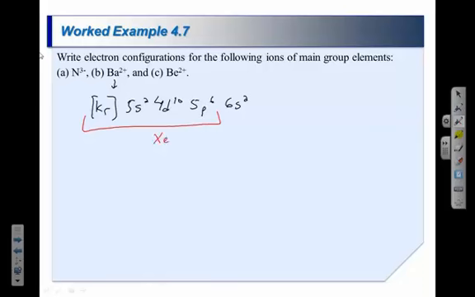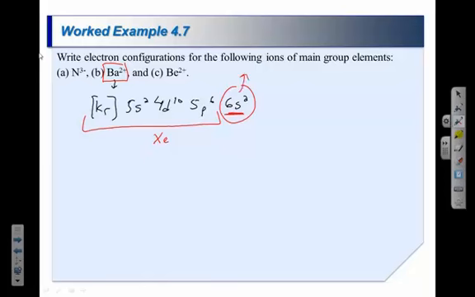And so the nearest noble gas to barium is xenon. And so really what it needs to do is lose these two electrons. And I already know that. I don't really even need to know that barium is +2 is what I'm working toward. If I just tell you, make an ion from barium, and I don't even tell you whether it's going to be a positive ion or a negative ion, you can determine that because you recognize that it's got these two extra electrons, and it really wants to get to a noble gas configuration.